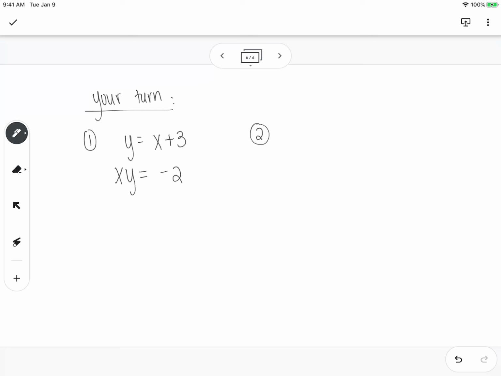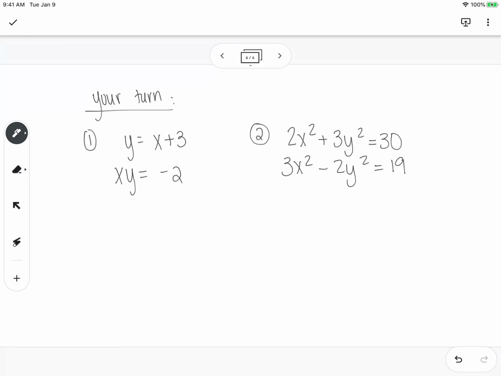Number 2, I want you to try 2x squared plus 3y squared equals 30 and 3x squared minus 2y squared equals 19. Your hint there is elimination. And you're going to have to make opposites because right now I don't see any opposites. There's some close looking opposites in there, so make them opposites by multiplying. And then once you have your opposites, you can solve.